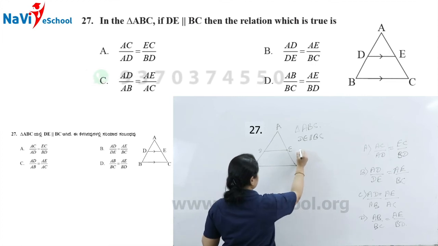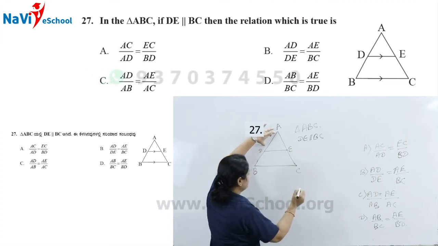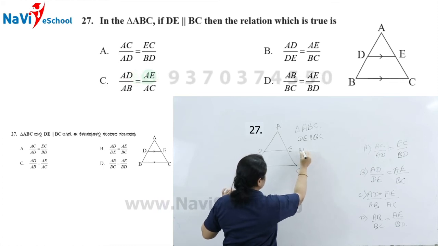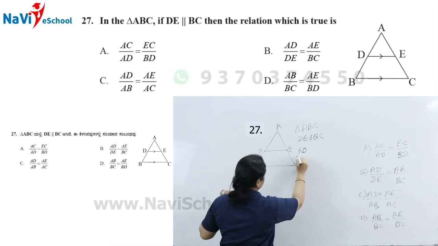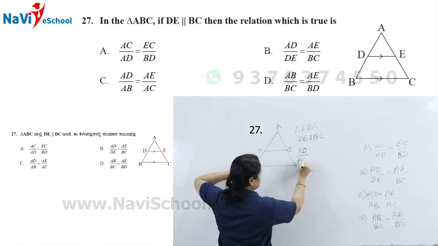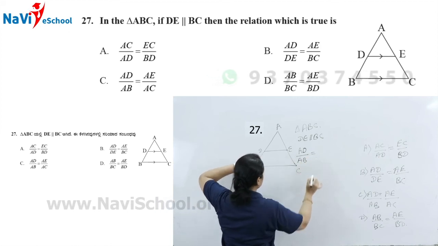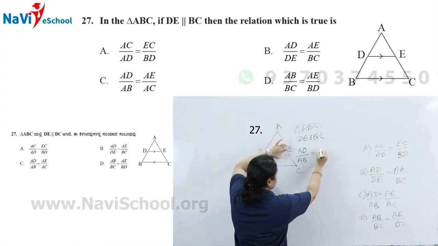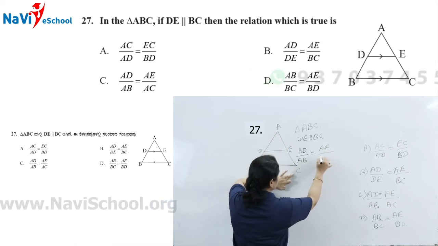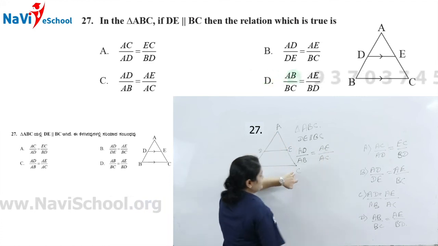See, first you take this one side, AD divided by what is this? AB is equal to AE divided by AC.